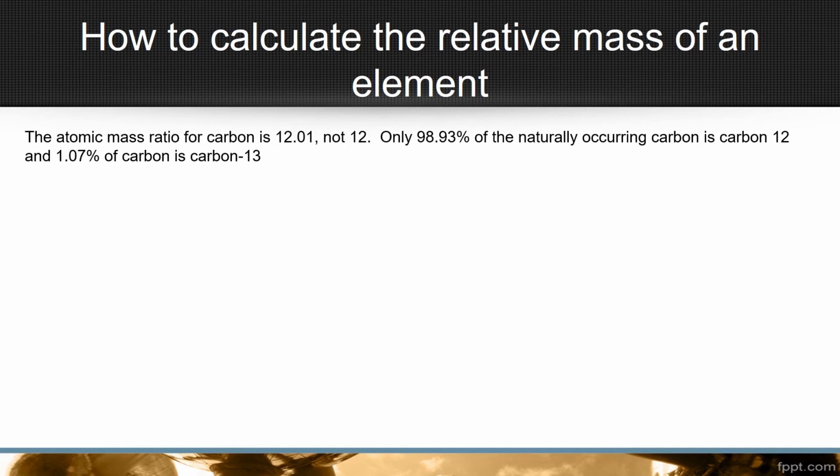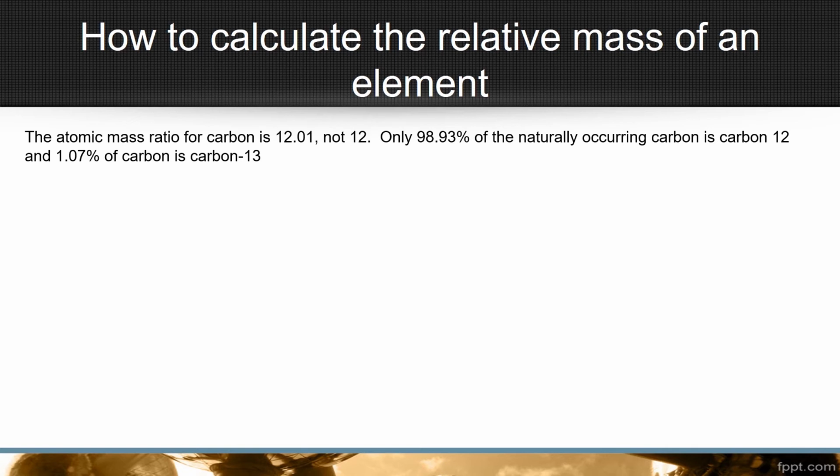And we find a value of 12.01, not 12. That's because, as we noted earlier, only 98.93% of naturally occurring carbon on Earth is carbon-12. 1.07% of carbon is the heavier atom, carbon-13. Again, this kind of data is relatively easy to obtain using a mass spectrometer these days.